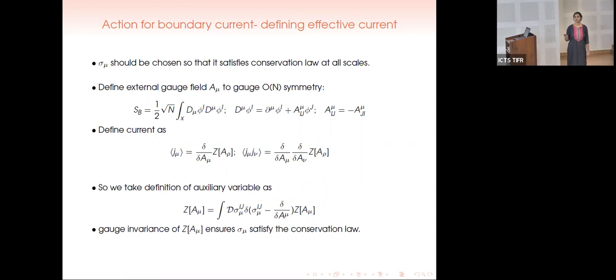See, A mu, I am putting this by hand, but this A mu will correspond to some potential term in the bulk. So you're saying you make it covariant, and that is how you're gauging it. Yeah, that is how you're putting the sources. Okay.